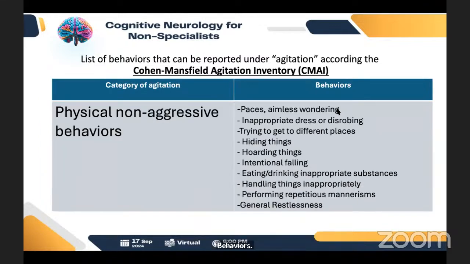Physical non-aggressive behaviors like pacing, or wandering around without any purpose. This is a very disturbing symptom for the care provider, who has to give a lot of supervision, concentration and attention to the patients who are pacing around. They are at a higher risk of getting lost.